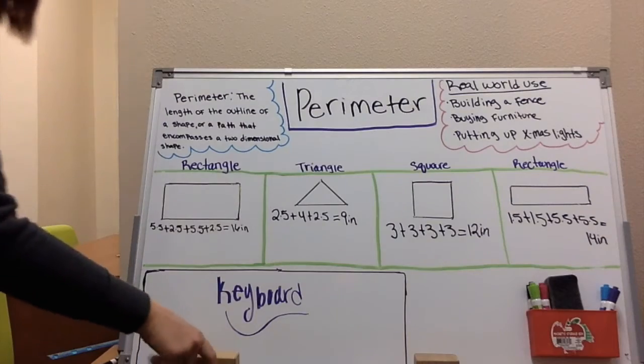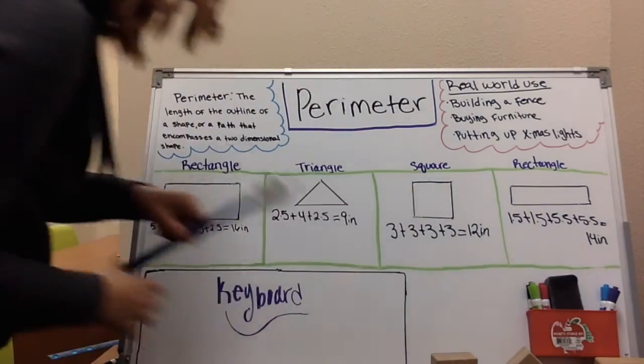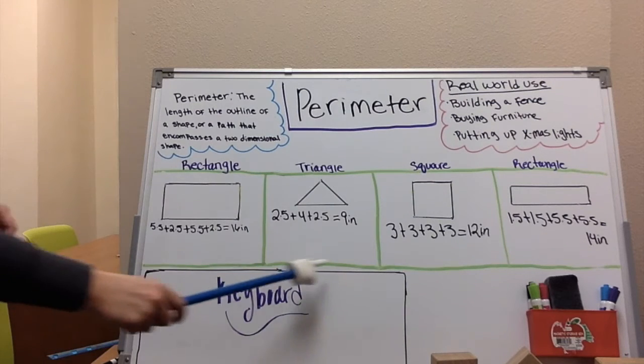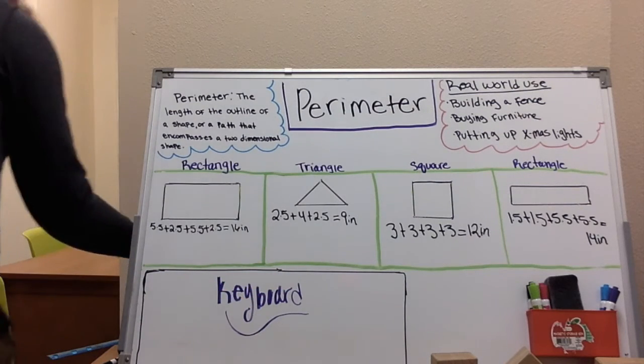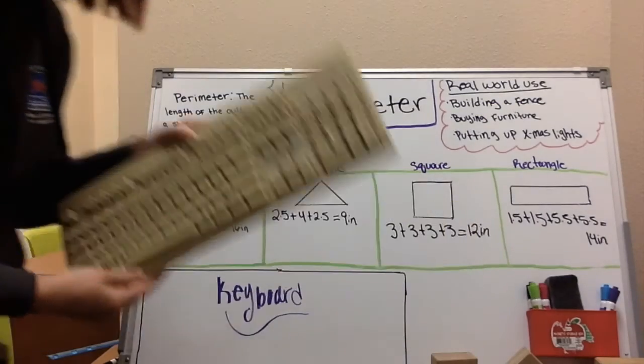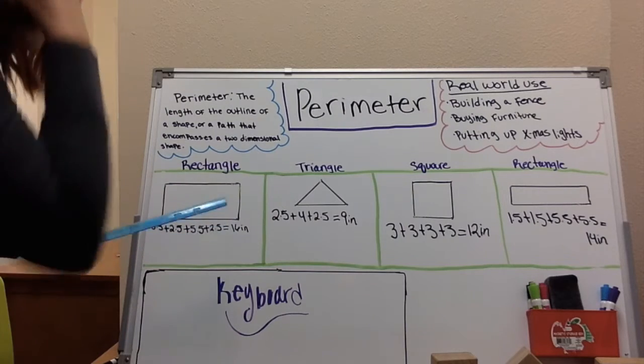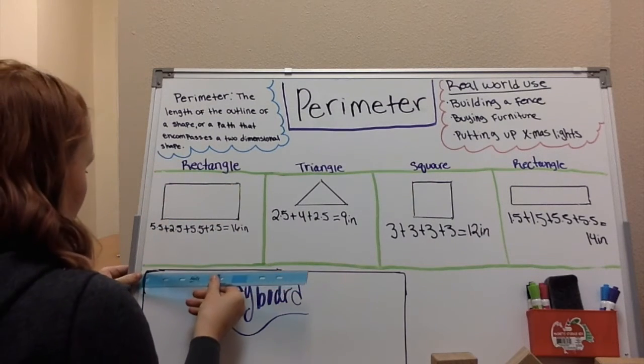Okay, so right here I have traced out the shape of the keyboard. This is the keyboard, and I'll get to that in a second. So we're going to measure this keyboard real quick. I'm going to start at 0.